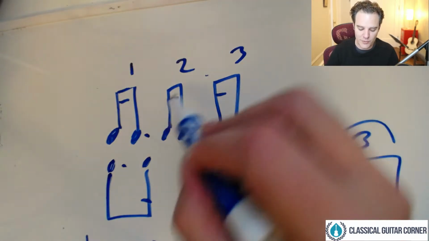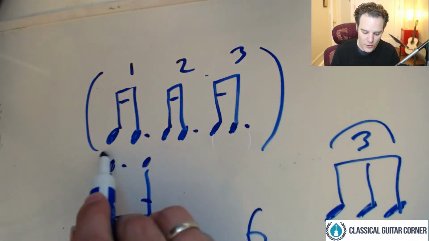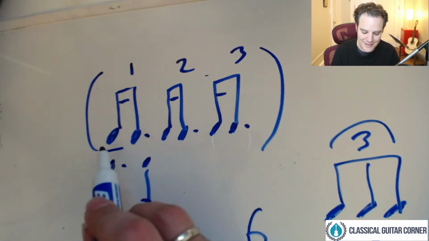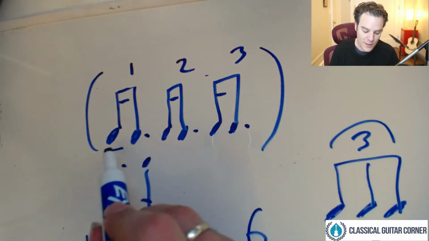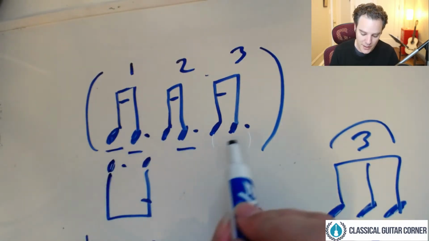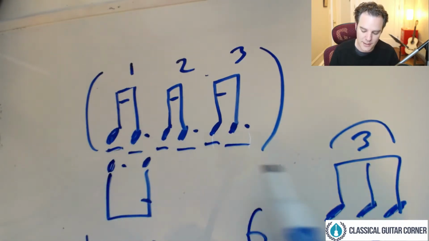So the trick with getting this top rhythm really accurate is to be very clear that you're playing on the beat with these first notes. It tends to slip. It tends to turn into a kind of upbeat because we feel it of ba-ba, ba-ba, ba-ba. But we need to go da-da, da-da, da-da.